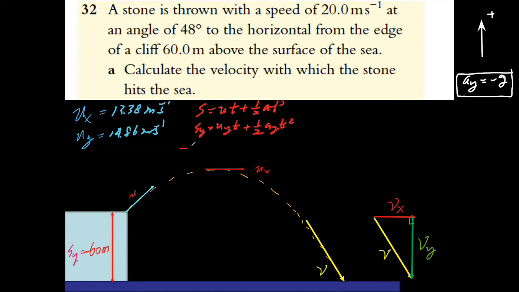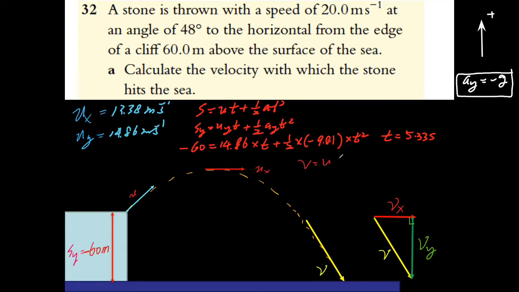Displacement minus 60 equals initial velocity in the y component, 14.86, times t plus 1 over 2 times minus 9.81 times t squared. Solving for the positive root, we find t equals 5.33 seconds.